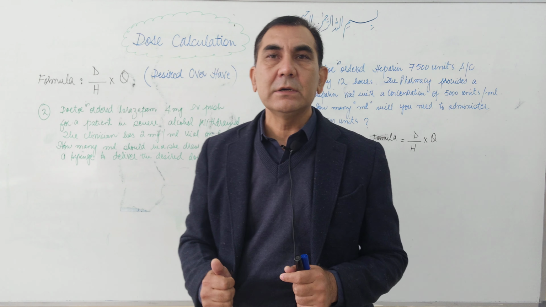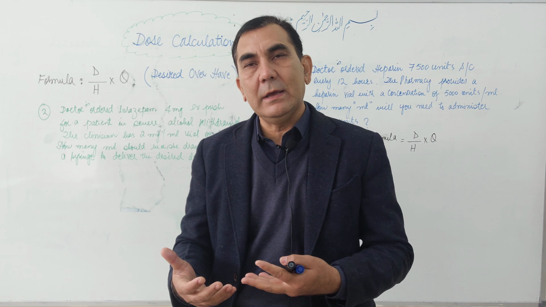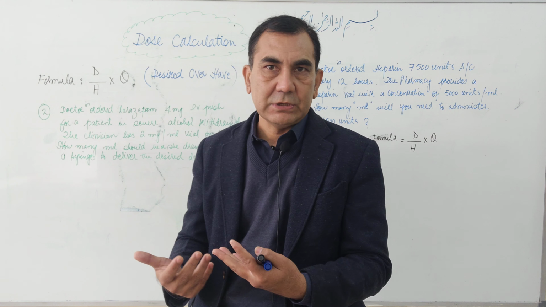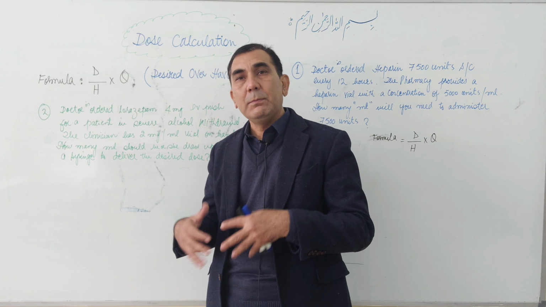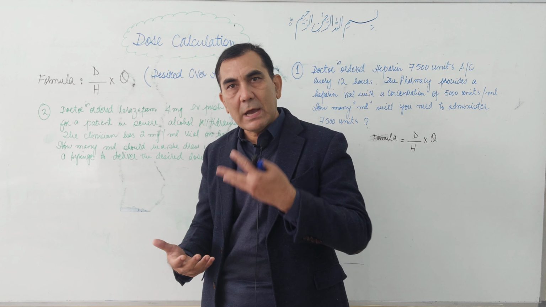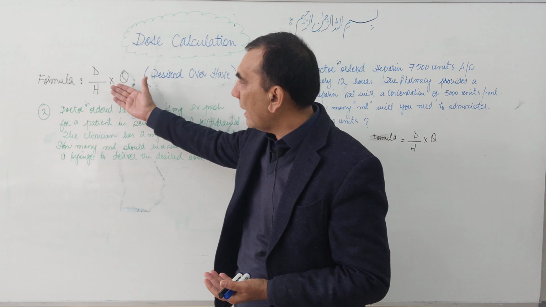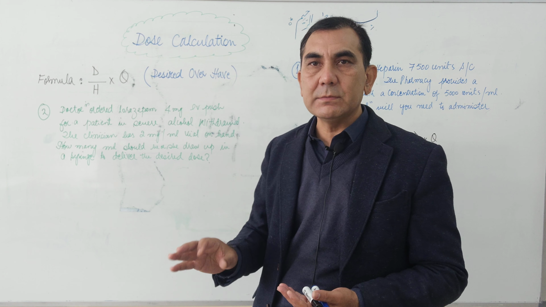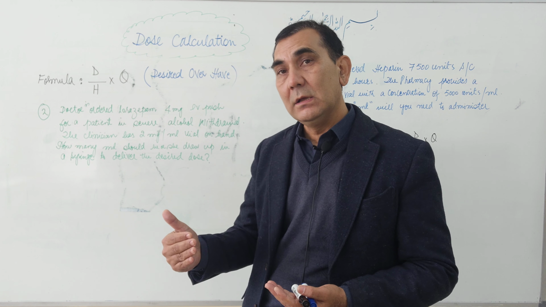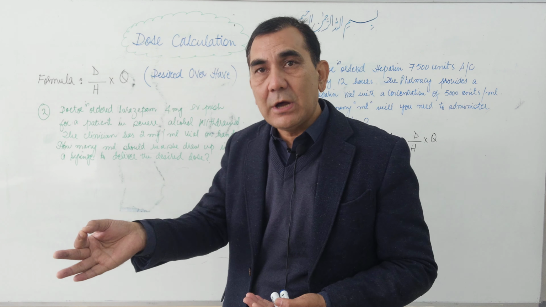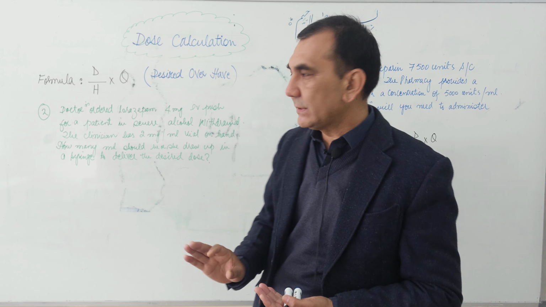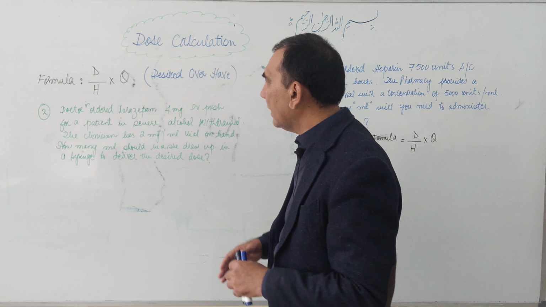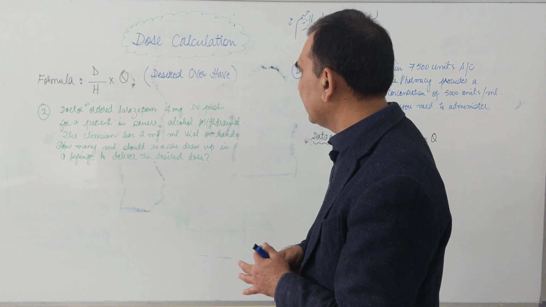H is the drug which is available from the pharmacy, the prepared form of the drug. And Q is the quantity: how many milligrams are present in how many ml, in 1 tablet, 2 tablets, or 3 tablets, or in 1 ml, 2 ml, or 3 ml.